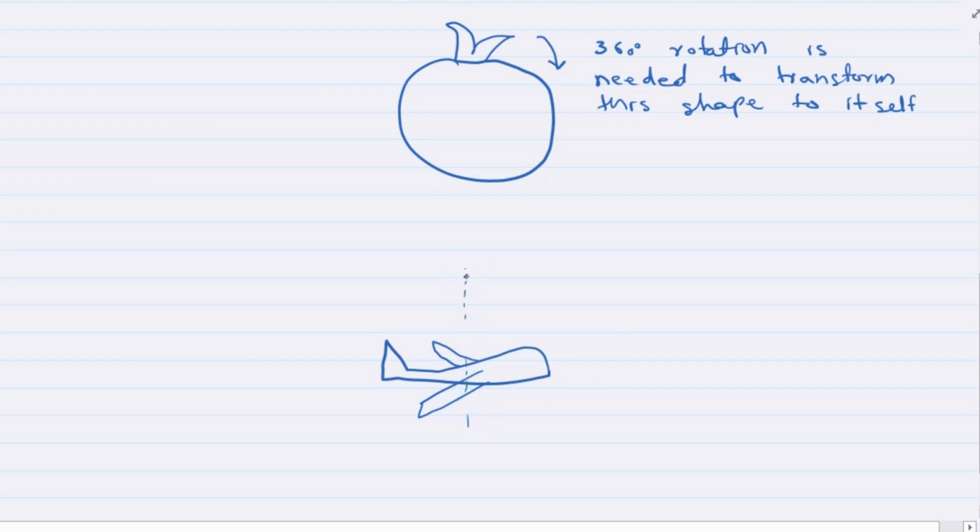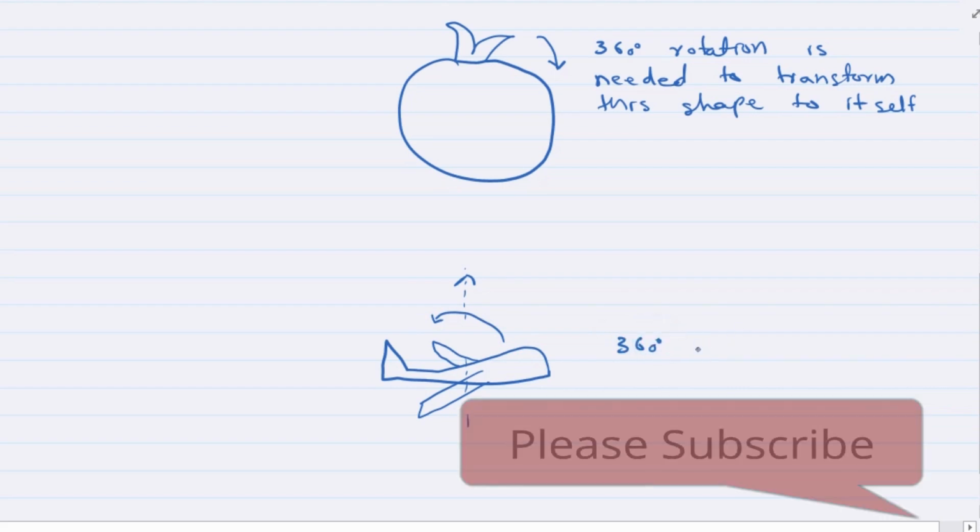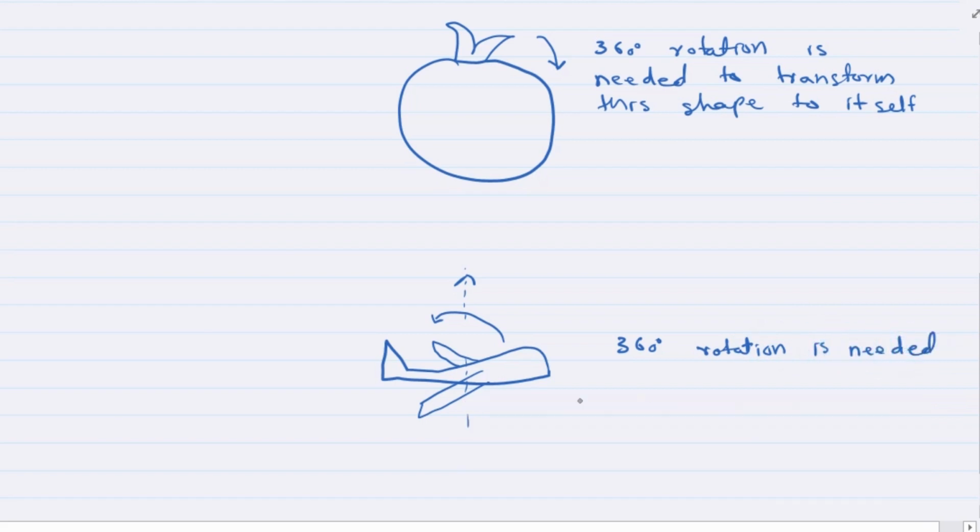If this is the axis of rotation and this is the direction of rotation, a 360-degree rotation is needed so that everything returns to itself and it seems totally symmetric even after the rotation. So a 360-degree rotation is needed to transform this shape to itself.